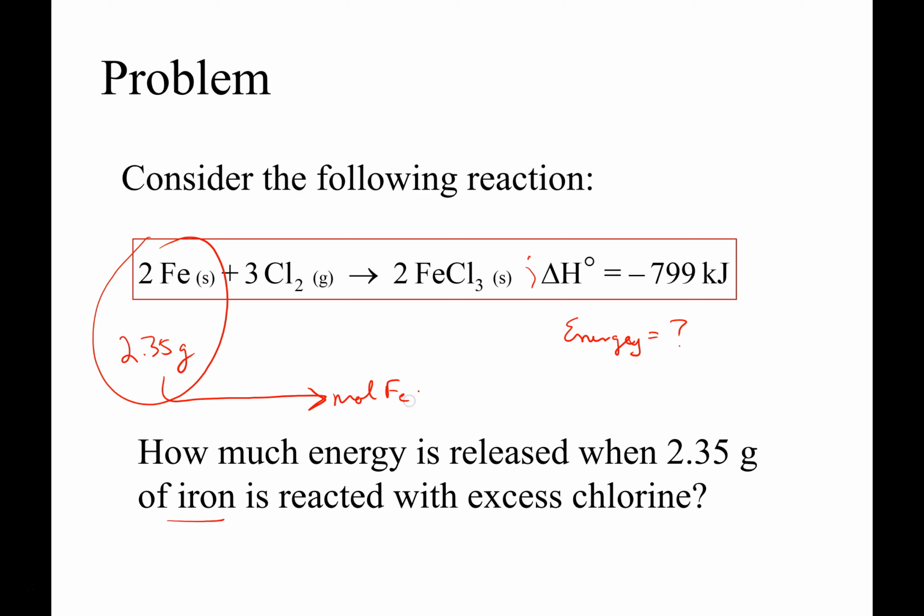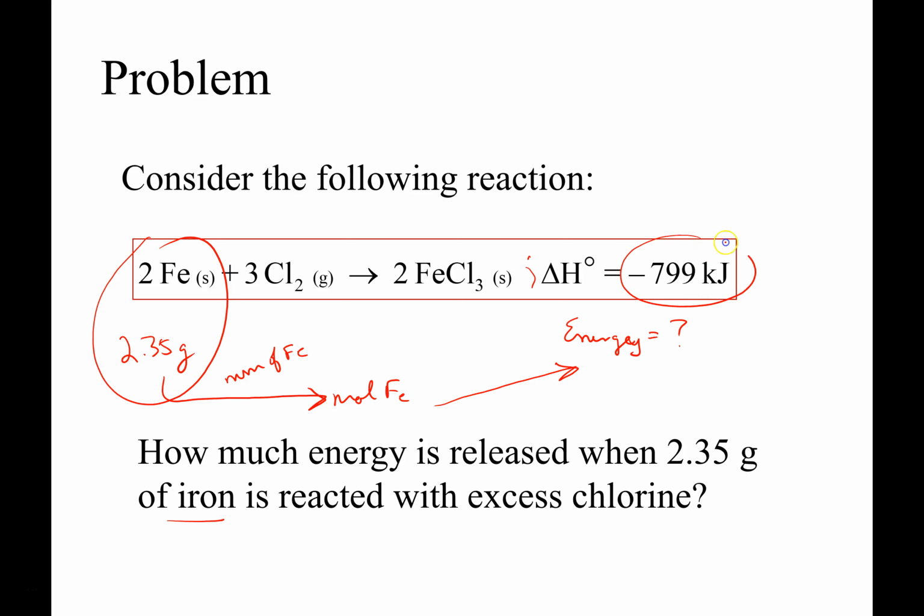How can we do that? 2.35 grams over 1 times 1 mole of iron over the... You got it, that's perfect. I'm just going to put molar mass of iron. Perfect. And then we can go from moles of iron to energy, and I can just do that right here.